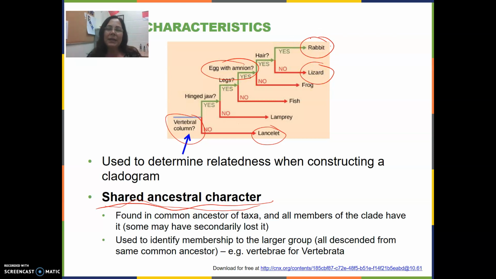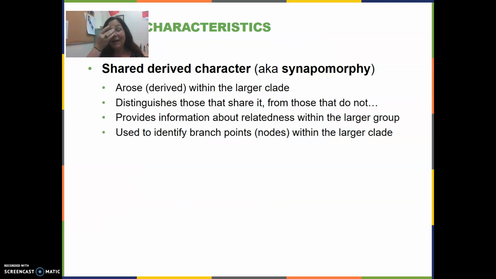All the other organisms on this list don't lay amniotic eggs. So a shared ancestral character is shared by all the organisms in the clade, and the derived character is only shared by a few members of the clade, and it's used to identify the branch points within the clade.